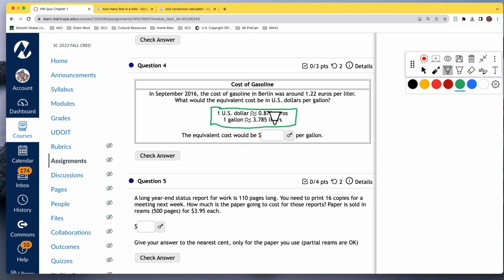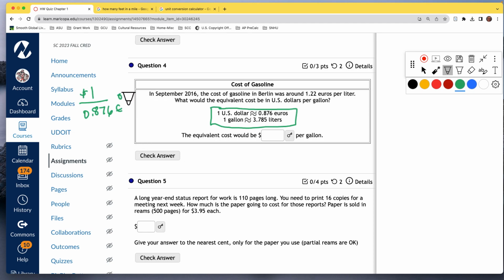We'll write those up. So we've got, $1 is about 0.876 euros. So that means that we've got maybe $1 divided by 0.876 euros. I think they do something like that.